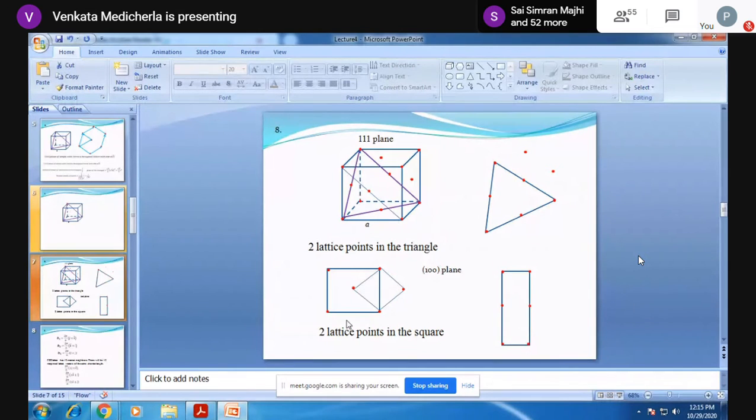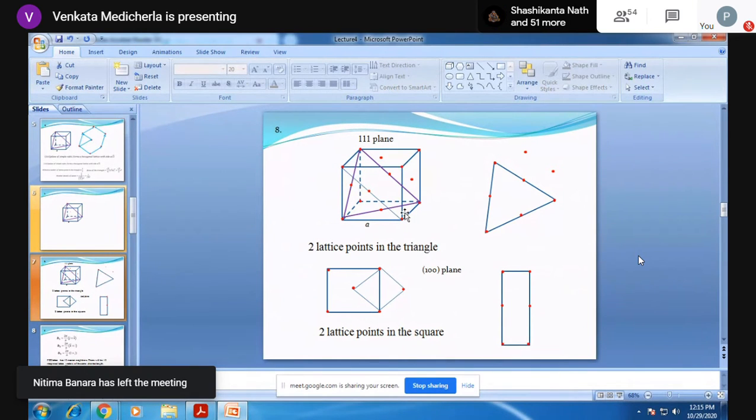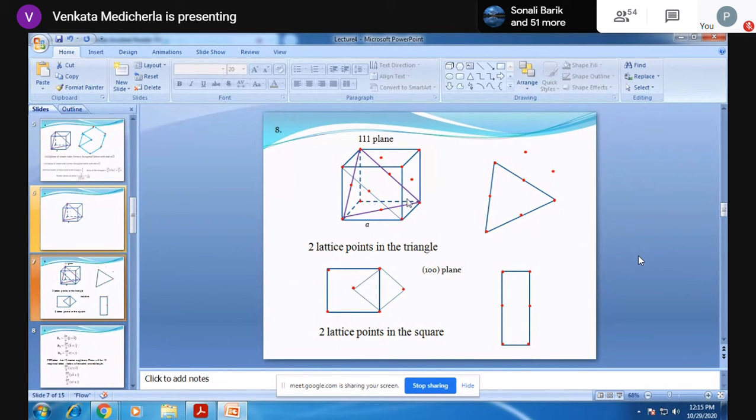Body centered square is the same as a square again. You just take this center and connect it to these 2 corners. Another center you take here, that will also be a square. This is also a square actually, which I will put as light lines. So you should call it a square lattice. So this 100 plane makes a square lattice.